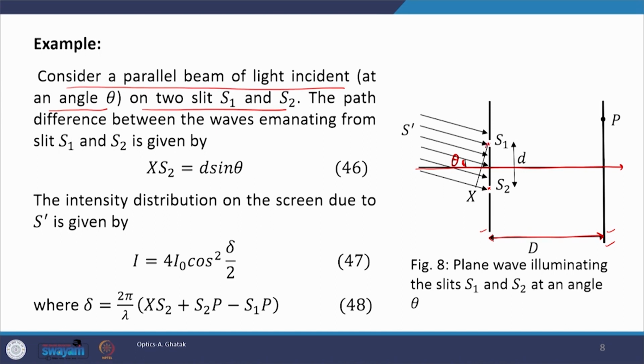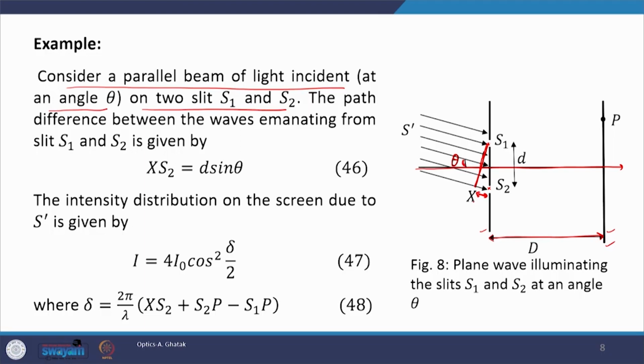We will draw a perpendicular from S1 to the ray which is falling on S2. The length XS2 is the extra path which the light ray travels when it falls on sources S1 and S2. The light falling at source S2 travels an extra path of XS2 compared to the light falling at source S1.